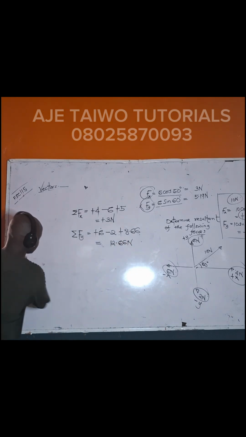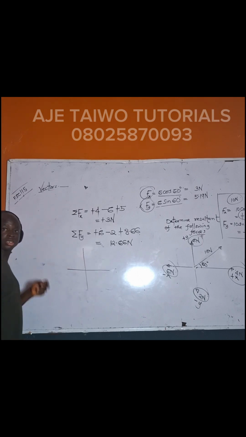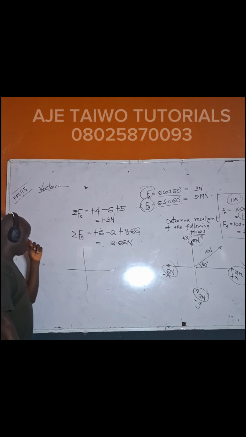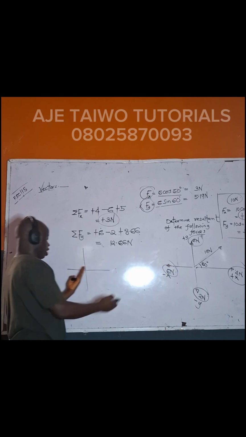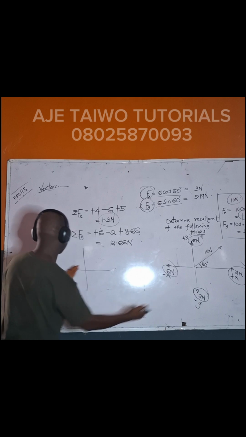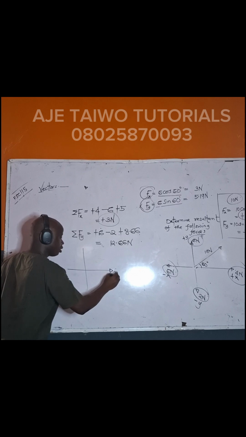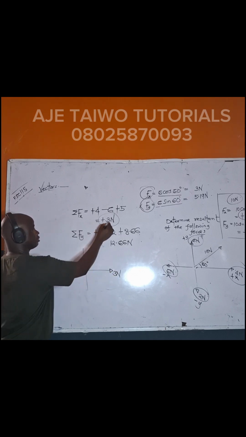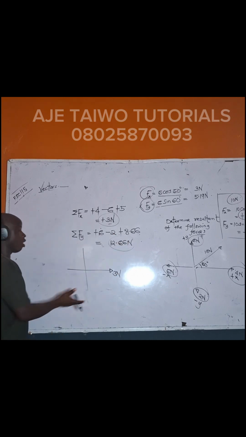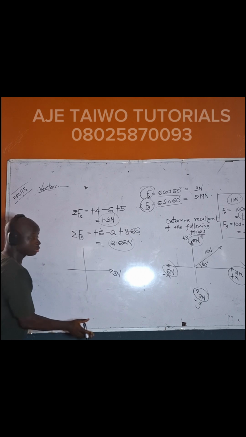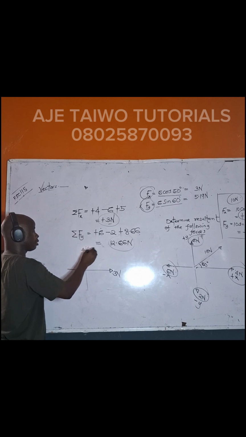Let's now draw it. Where do I put my 3? Is it right or left? Right. Why is it right? Because it's positive. Where do I put my 12.66? Up or down? Up. Why is it up? Because it's positive.